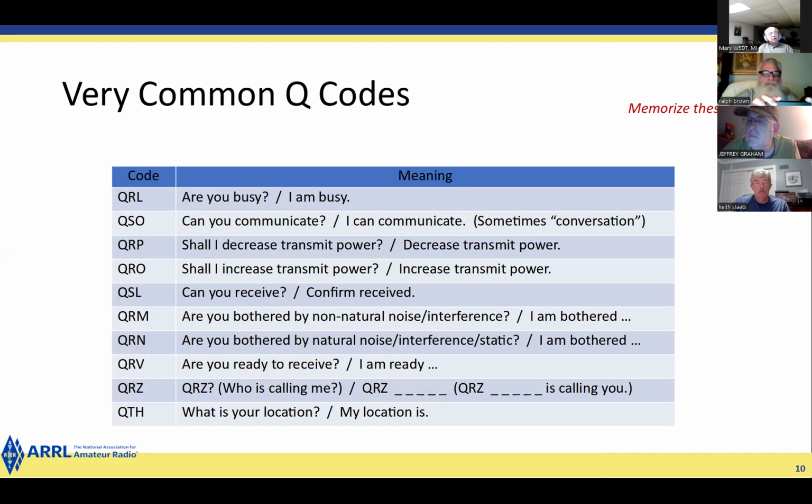Now, quite commonly though, just in speaking, we'll often use QSO. You know, I've had a QSO with John. I had a QSO with Wes. QRP is a common phrase when we're talking about low power. I bought a QRP rig, meaning I got a 5-watt rig.